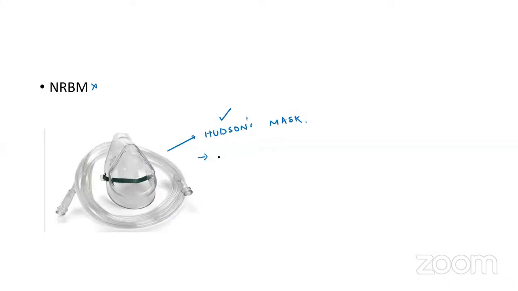Please remember, this is an example of a variable performance device. There are a few more questions which you should know: the dead space of this mask is 250 ml. And again, 2 liters is the minimum flow, and you can give a maximum of 55%. So these are all common questions.